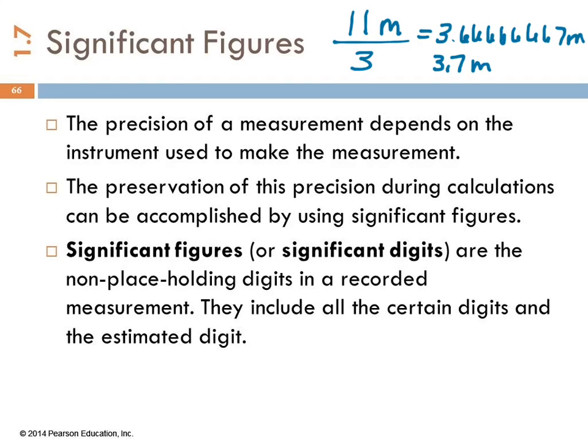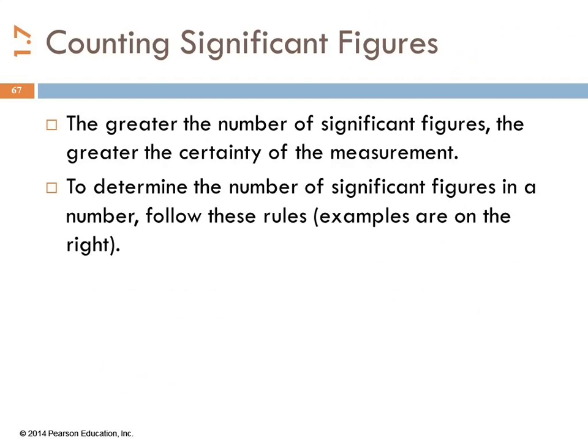So when we record a measurement, like 1.2 grams in the other example, we include the certain digit and the first uncertain. Sometimes there's only one digit, and that would be the uncertain digit. But that's what we mean by significant figures. The more significant figures there are, the greater the certainty of the measurement.